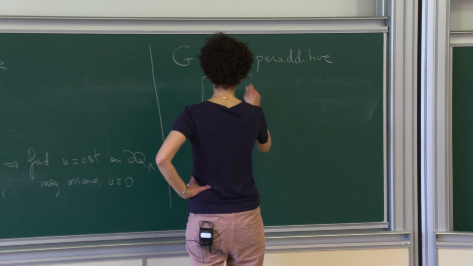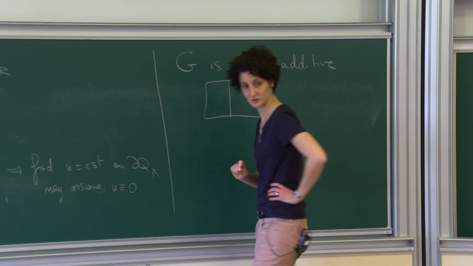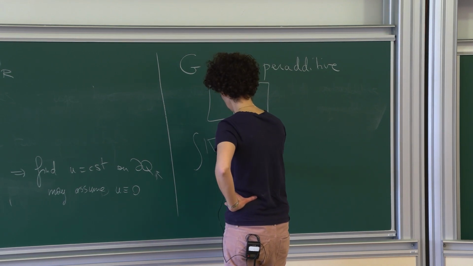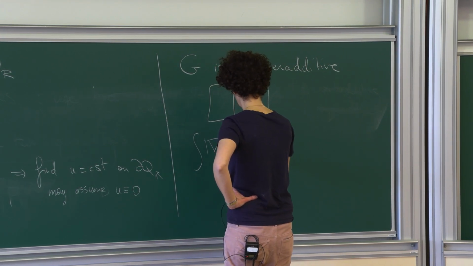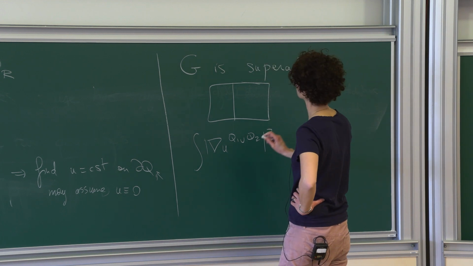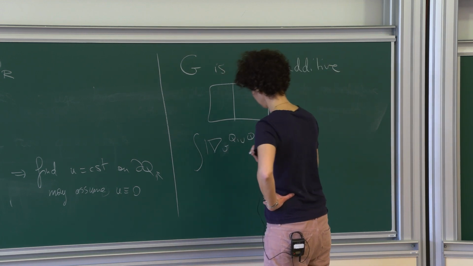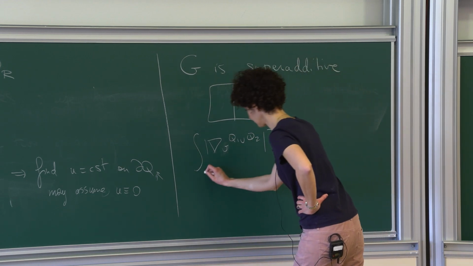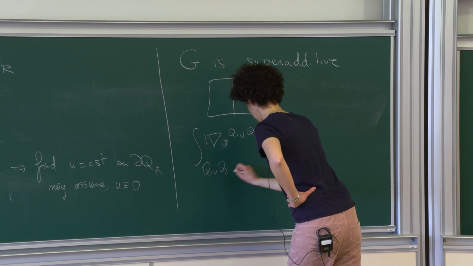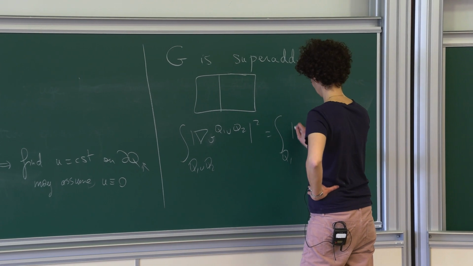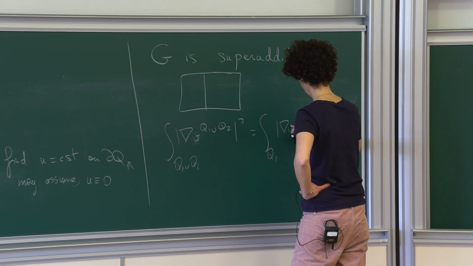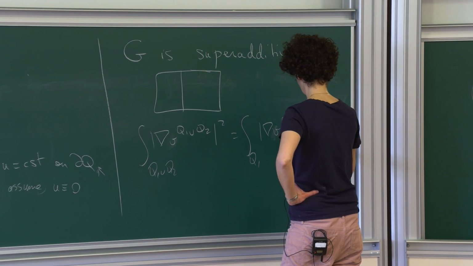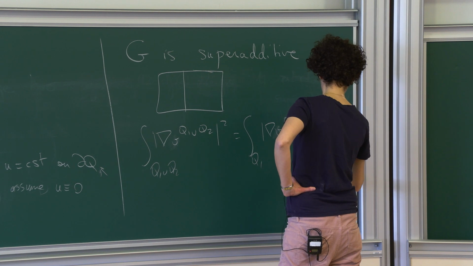Because if I have the union of two cubes, and I have the integral of grad U squared in the union of the cubes, it's equal to the integral over the first cube of grad V, Q1 union Q2, right? Plus the integral over the second cube.